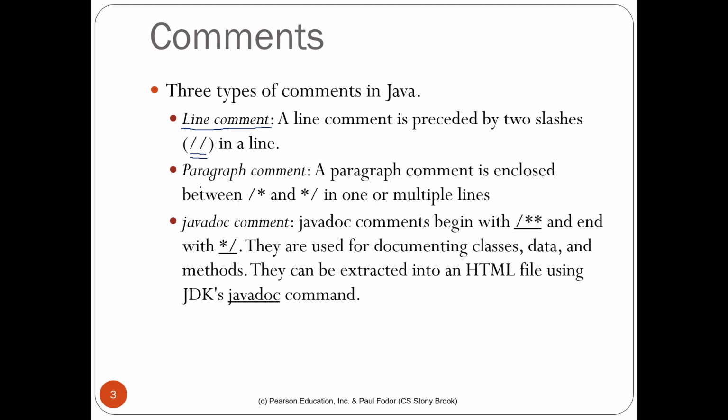So if you want to comment just one line, you use this approach, the two forward slashes. You might like to comment a whole paragraph, and for paragraph commenting we use a pair of operators: a forward slash followed by a star to start your comment, and towards the end a star followed by a forward slash.